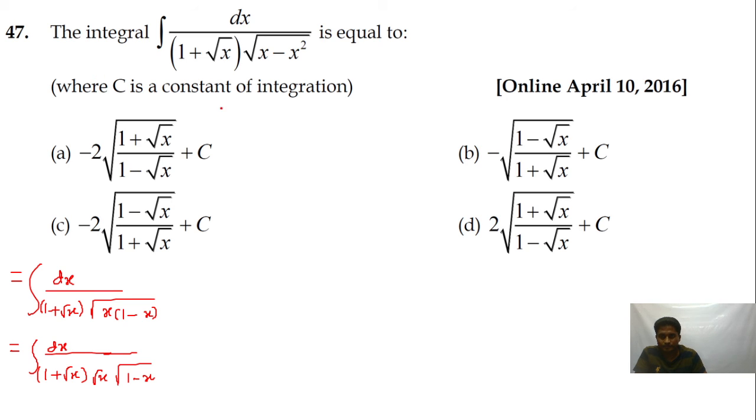Now this can be written as integration of... I'm going to put x is equal to t square. You get dx is equal to 2t into dt.